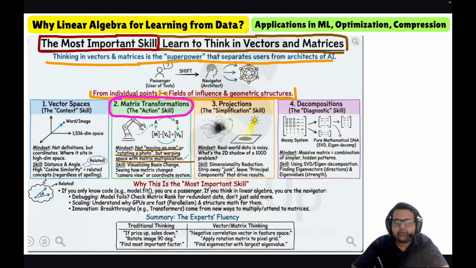In this way, we are visualizing the basis change. An expert can see how multiplying a vector by a matrix changes the camera view or the coordinate system, allowing the robot to understand where its hand is relative to the cup.